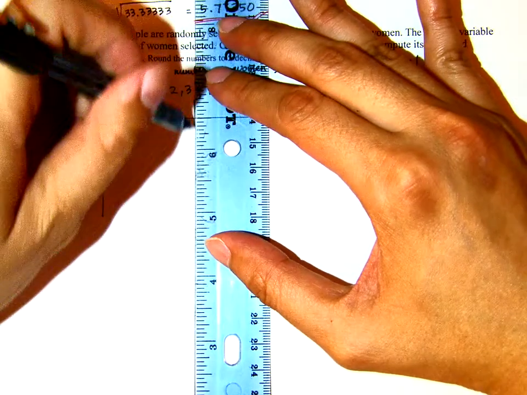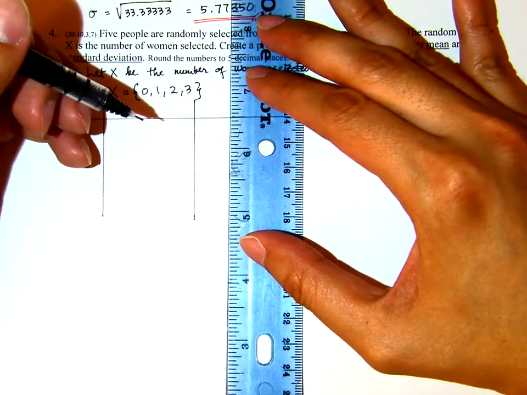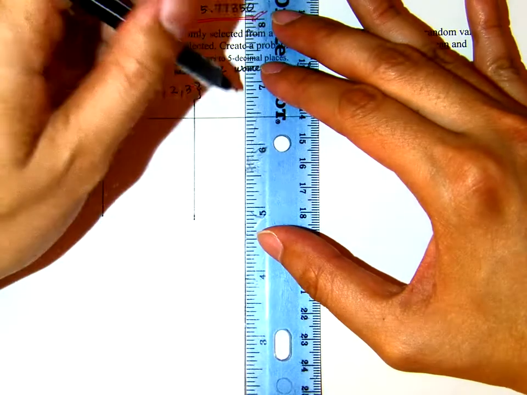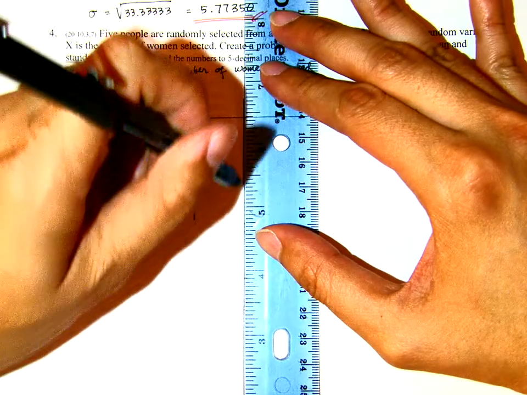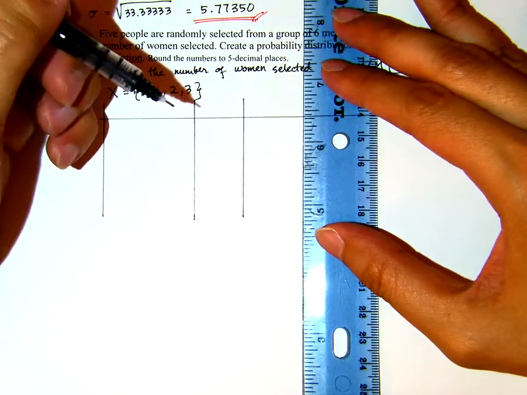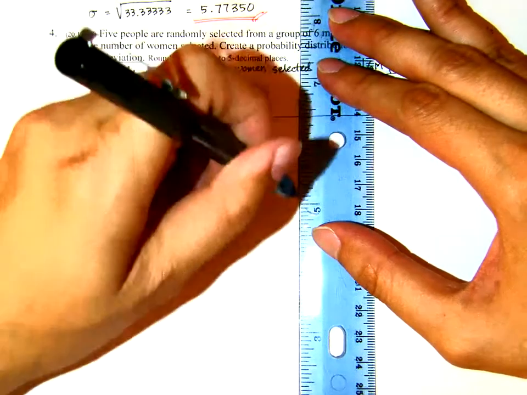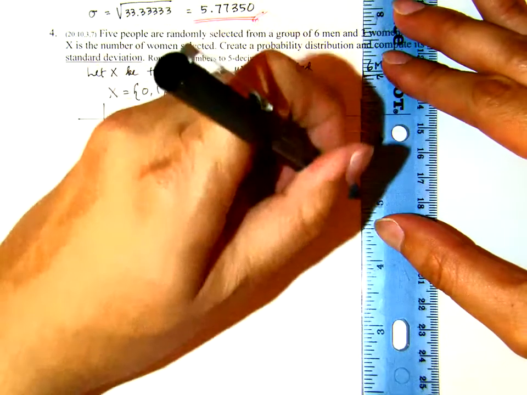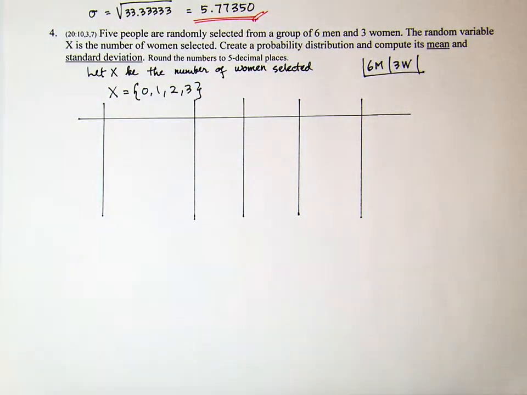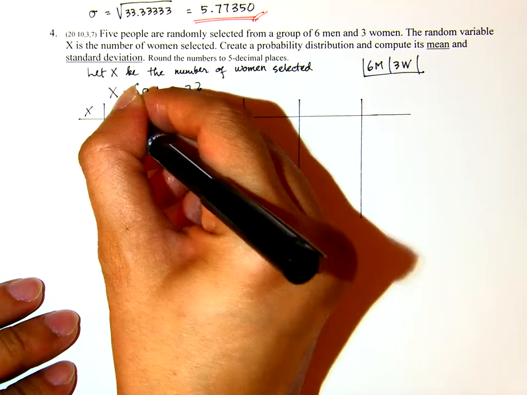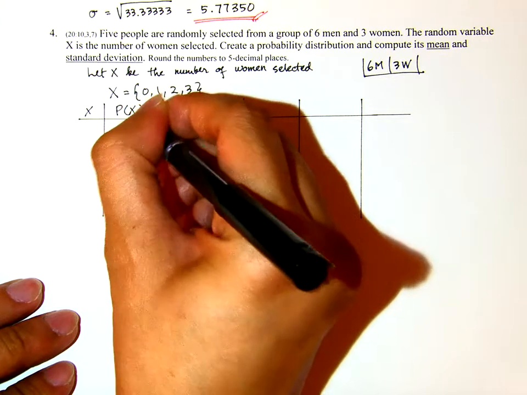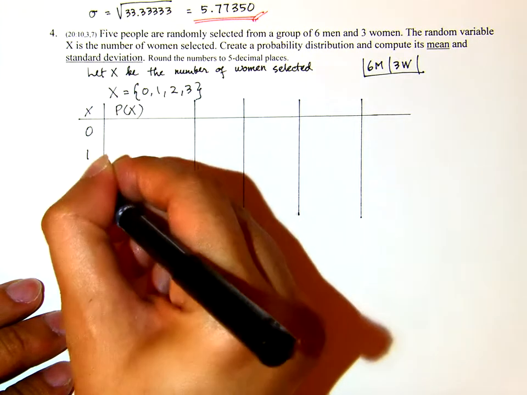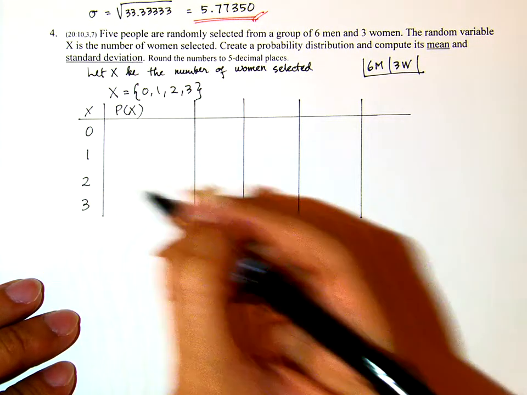Make it long enough here for the probability, because that will be big computation. Okay, let's see the outcome x and the probability of x. The outcome 0, 1, 2, 3.